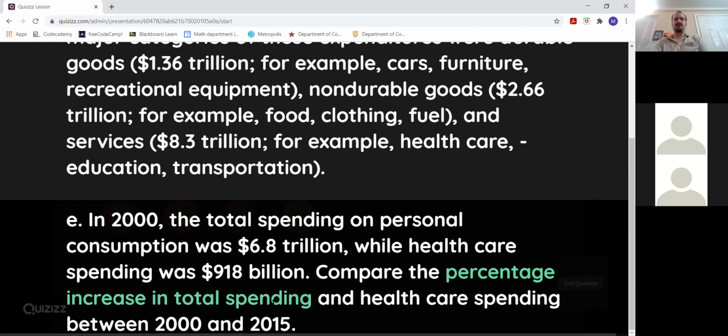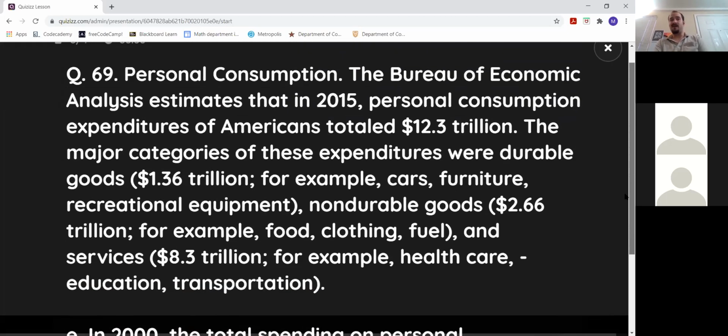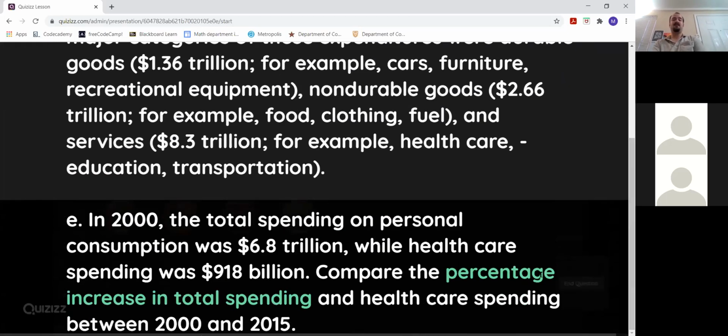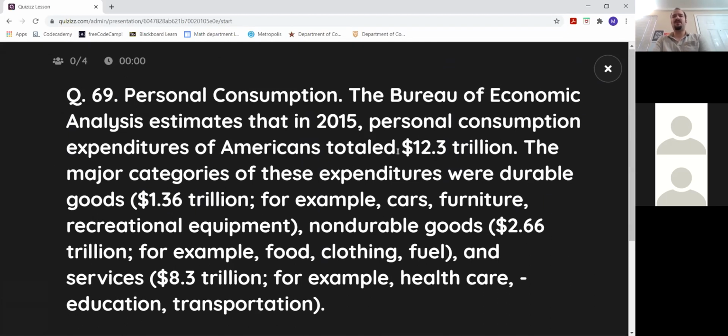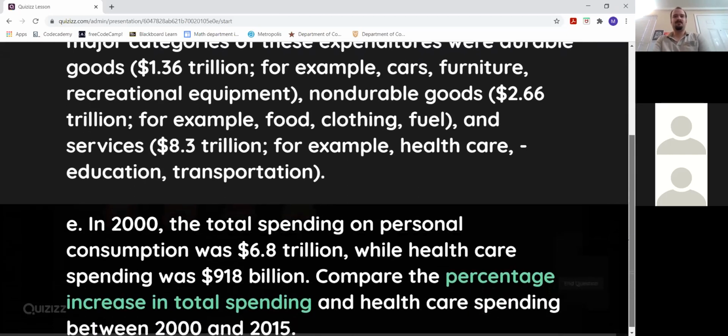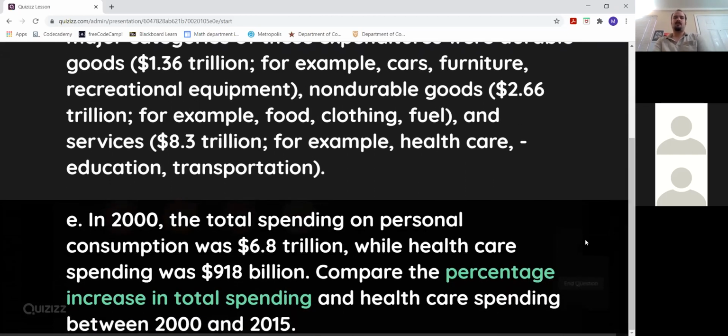So we're going percentage increase. If they're talking about a percentage increase, we talked about two different ways to talk about increases. One of them was absolute and one of them was relative. So if they're talking about a percentage increase, they are talking about relative increase. So it looks like we are looking at total spending. My total spending here is 12.3 trillion, and that's coming up from 6.8.